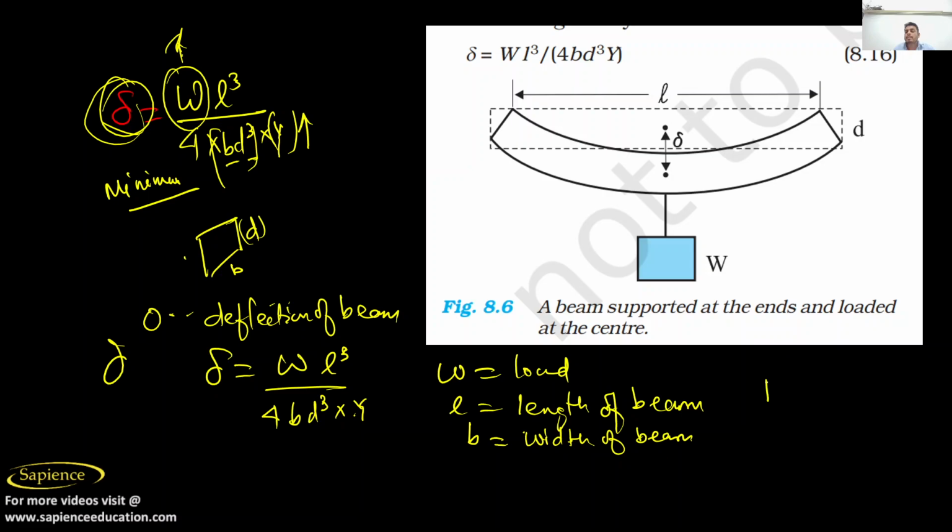So if you are talking about a beam like this, this is the B, and D is the depth of the beam, the height of the beam. Depth or height we can't say, thickness of the beam you can say. It is better to write thickness of the beam. And here is the Young modulus of elasticity.